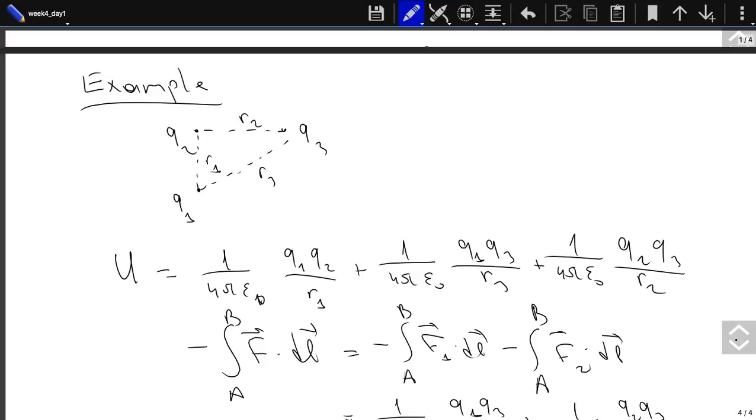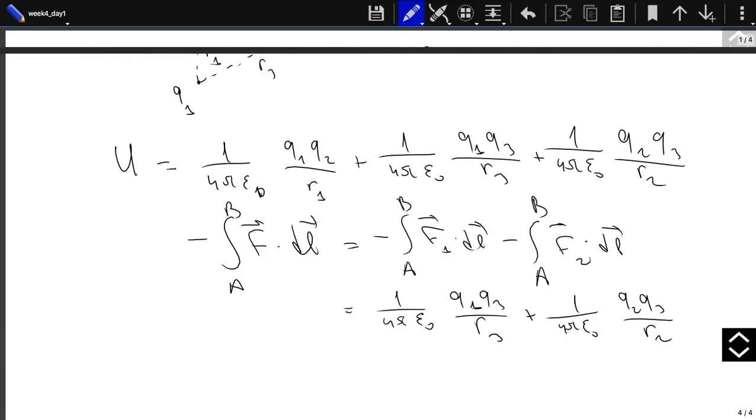Wasn't this work defined as the integral from A to B of F dot dl itself? Why did we put the minus there? You see, this is the work done by the force, not by you. By the electric force, because F is the electric force. Minus F is the force that you are exerting.